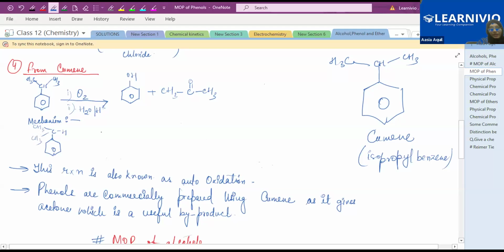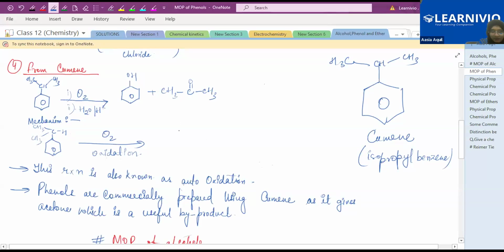What happens in the first step? You will do the oxidation, in the presence of a catalyst like HBr. So the first step is oxidation. Oxidation will give you a peroxide bond. So between this carbon and hydrogen, there will be a peroxide bond, O2 bond, formed here.